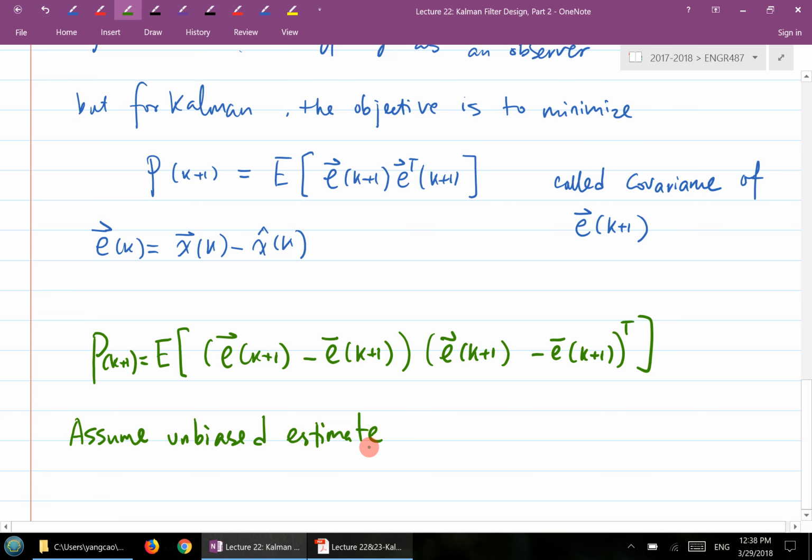If I cannot get the actual mean value of the whole population, I could use a sample mean to estimate the population mean. So the sample mean x bar is basically the so-called unbiased estimate. That sample mean x bar is a good estimation of the population mean.